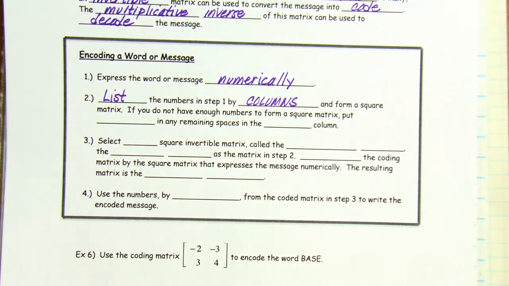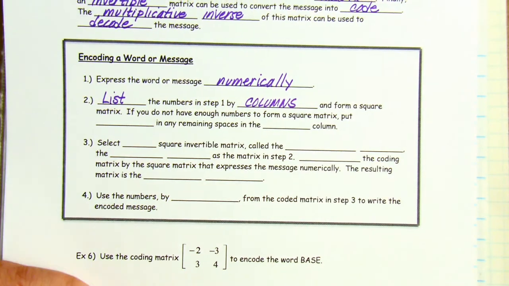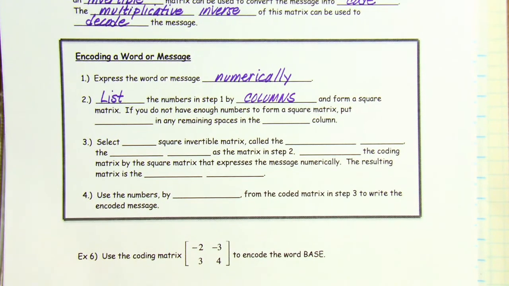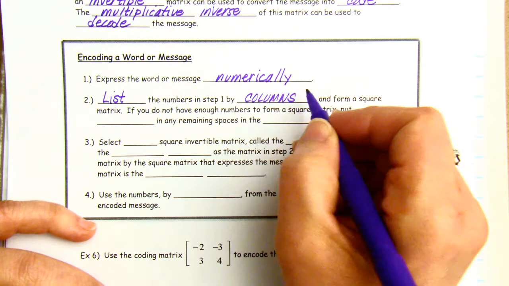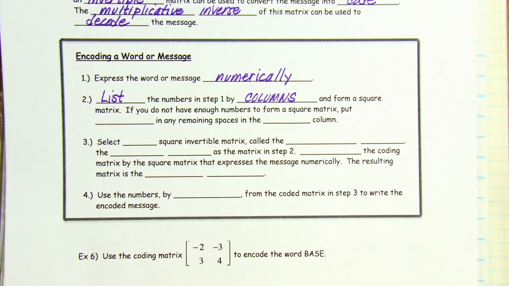This is the only thing with the matrices that we do in this course where we do the columns first. Everything else is row, right? Matrix multiplication is row by column. But here, when you convert your alpha matrix into a numeric matrix, you have to do it in columns.